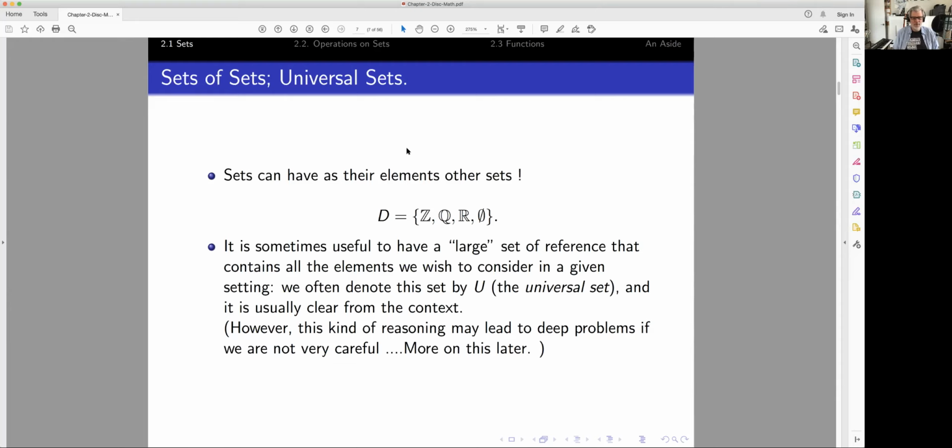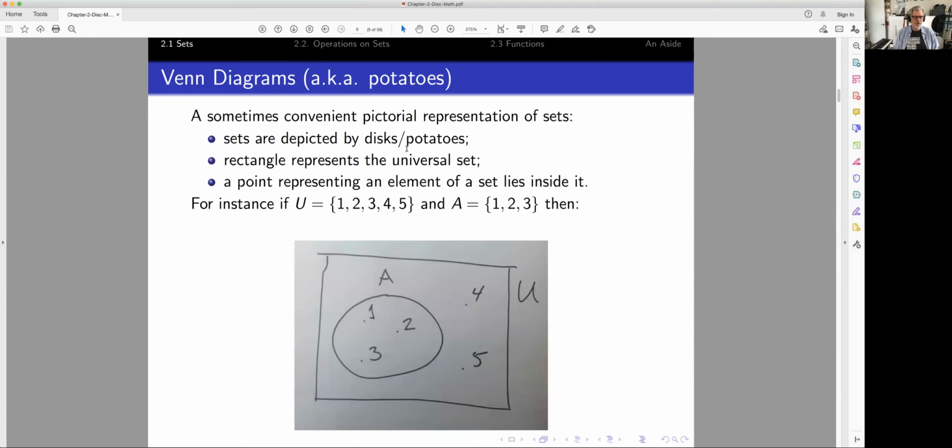That'd be useful, just a set which contains all the possible elements we'd like to talk about. But if you try to do that, you're going to run into some major problems, and I will talk about that perhaps today, perhaps next time. I think today I'll tell you about it. It's kind of cool. But you're going to get into trouble if you try to do stuff like that. Okay, we'll get back to that later.